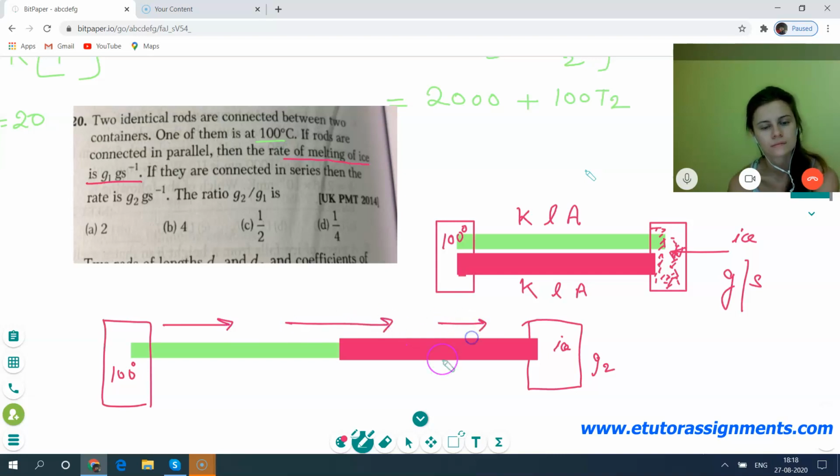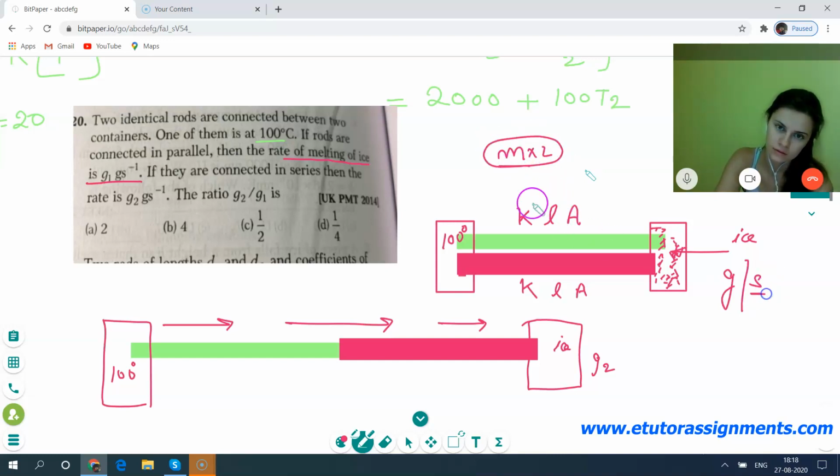That is nothing but the heat required for the melting of the ice, the mass of the ice into latent heat of the ice. Am I right or not? Mass of the ice into latent heat of the ice per second. It means this much heat will go here per second, Q by T.